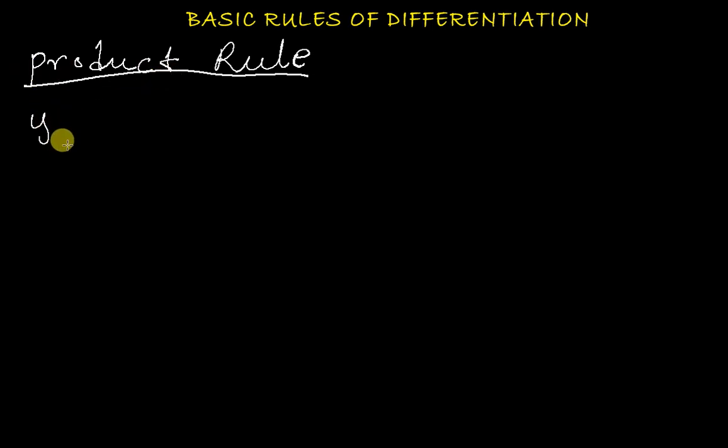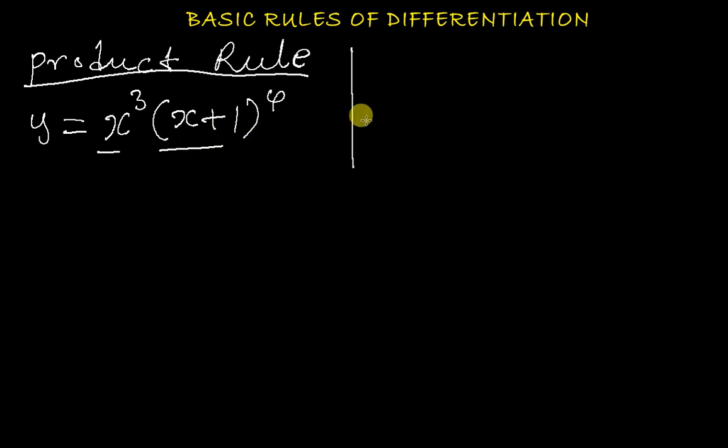So for instance, if you have y is equal to x to the power 3 multiplying with maybe x plus 1 to the power 4. When you're multiplying these two functions and they ask you to differentiate this function, to find y prime or dy dx, you can use the product rule because there is a first function and a second function multiplying themselves. So this rule states that dy dx is found by saying v times u prime.